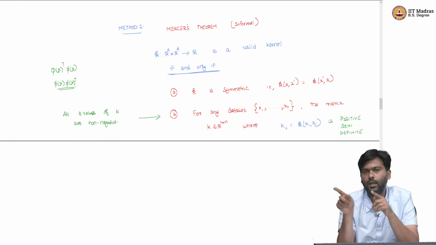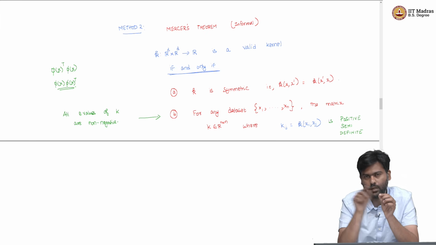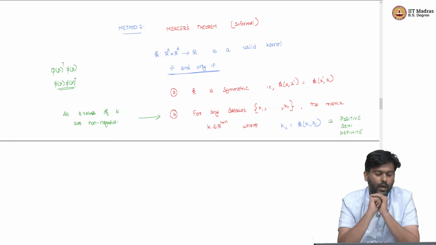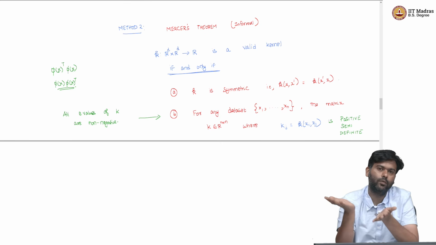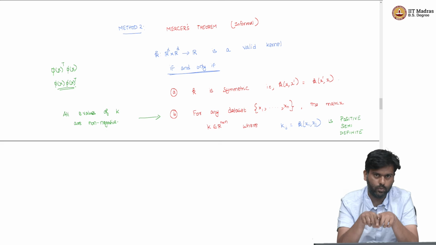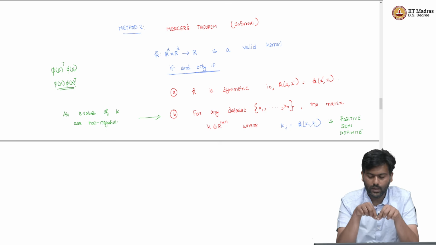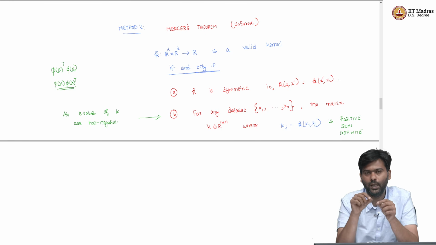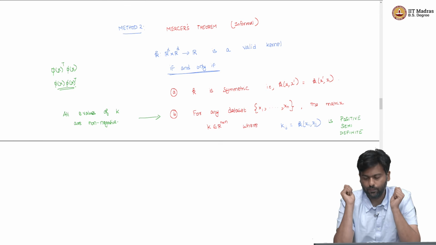Simply because the eigenvalue equals the variance in the corresponding eigenvector's direction, and variance is a positive quantity. So, the eigenvalues of phi of x transpose phi of x should also be non-negative, which means that if k is a valid kernel, then the capital K matrix should necessarily have non-negative eigenvalues. It could be 0, but it has to be non-negative.